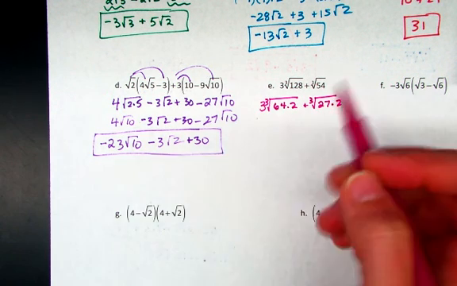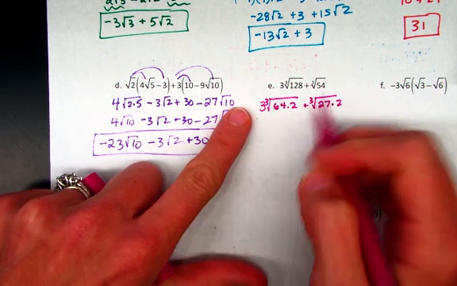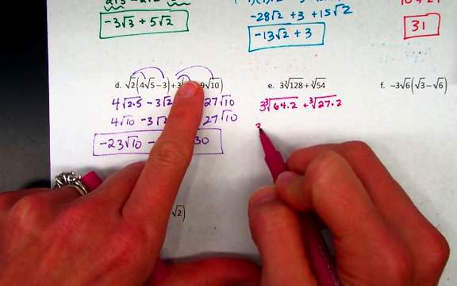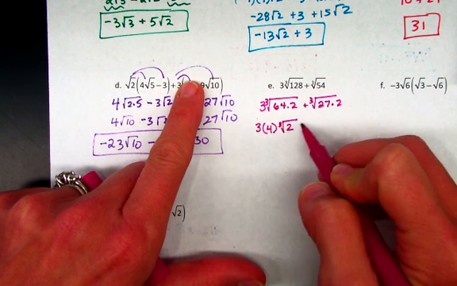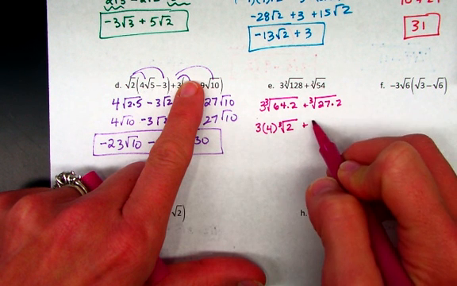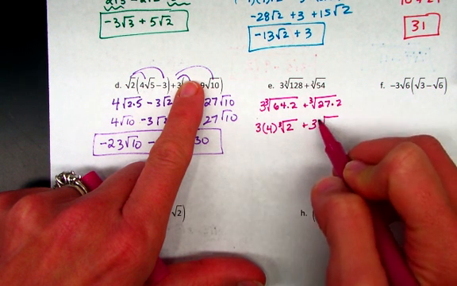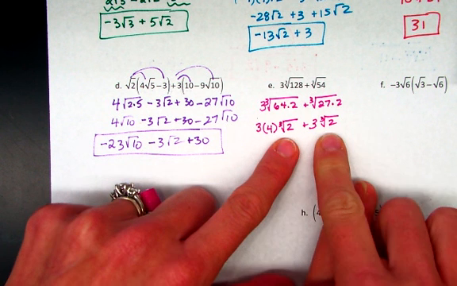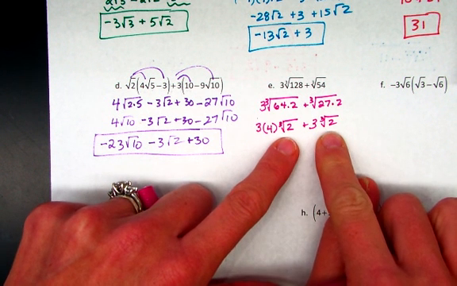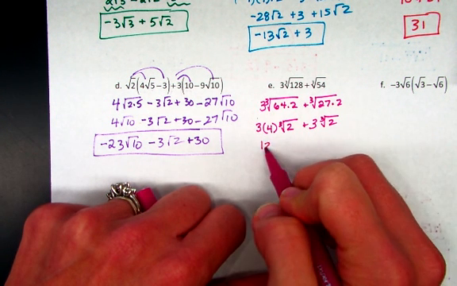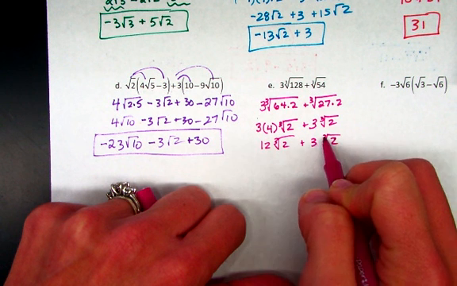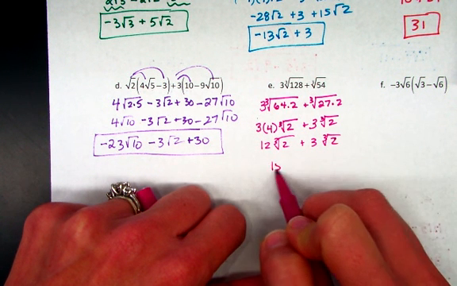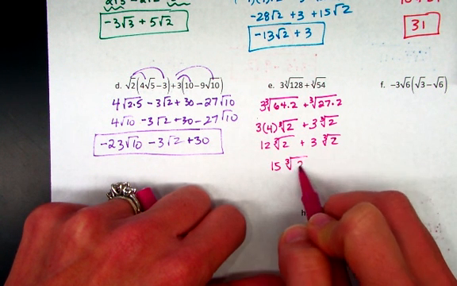So then what we're left with is the cube root of 64 is 4, but there's a 3 out here. So this is really 3 times 4, and then the cube root of 2, plus the cube root of 27 is 3, so that comes out, and we're left with the cube root of 2. So notice we have 2 cube root 2's, so those are like terms. And this is 12 cube root 2 plus 3 cube root 2. So 12 plus 3 is 15 cube root of 2.